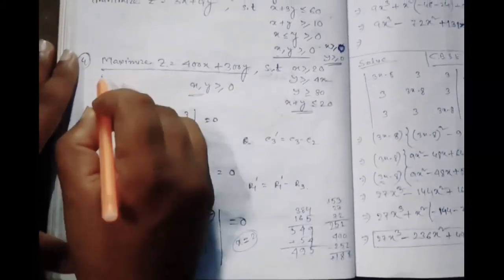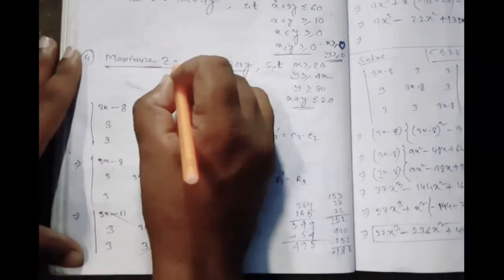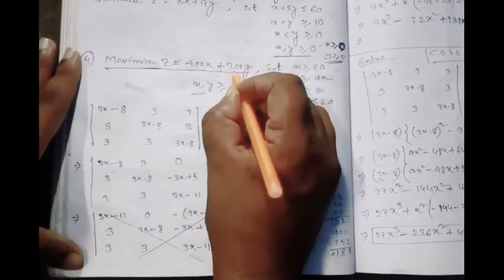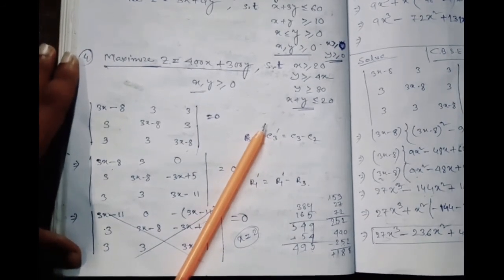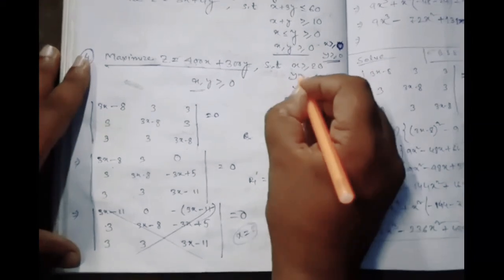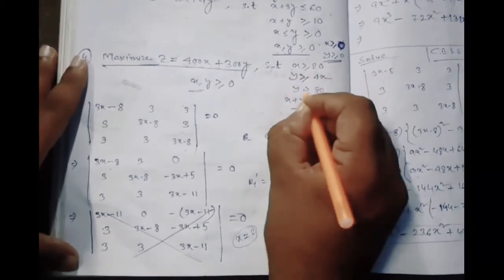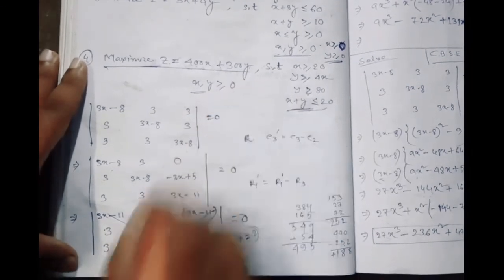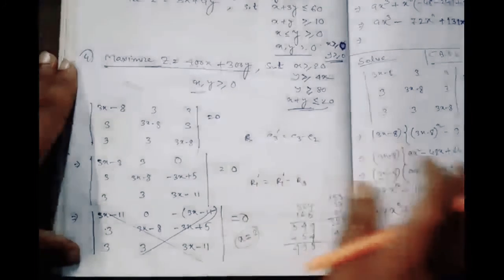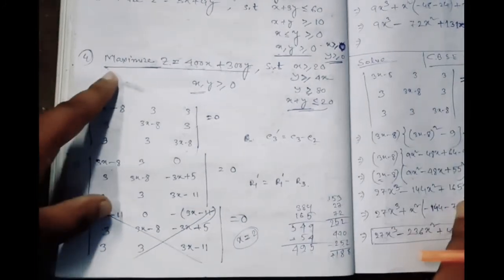Next we have another problem, that is the maximization problem of LPP, that is 400x plus 300y subject to the constraints x greater equal to 20, y greater equal to 4x, y greater equal to 80, and x plus y less or equal to 20, and obviously x greater equal to 0, y greater equal to 0. So again this is the maximization problem.